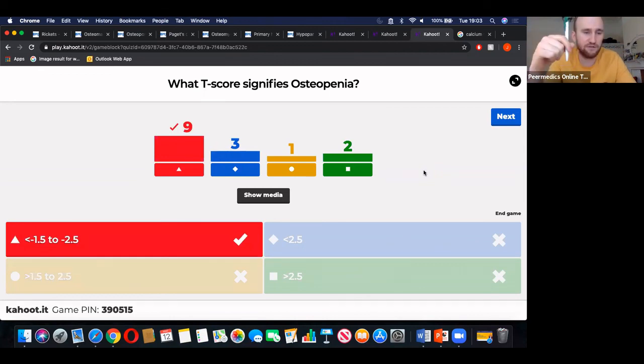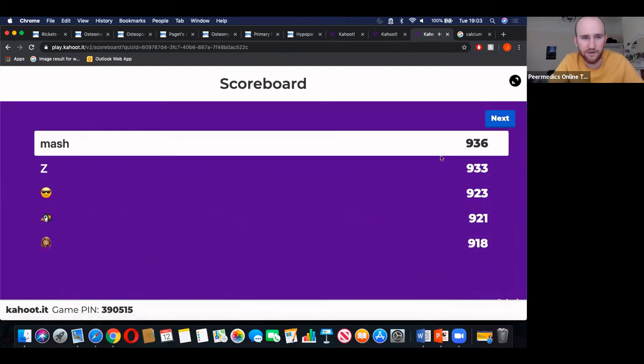The rest are just above or positive. So it's minus 1.5 to 2.5 for osteopenia, minus 2.5 for osteoporosis, which is where you'd be using your bisphosphonates and things for treatment of osteoporosis. And remember, your DEXA scans are your diagnostic tests for osteoporosis. Well done to MASH.